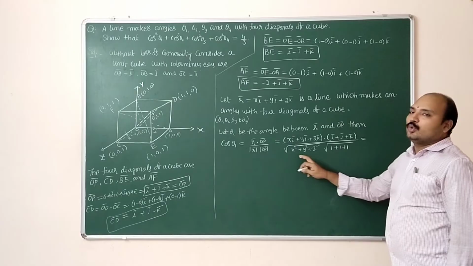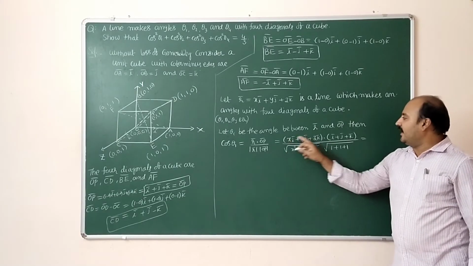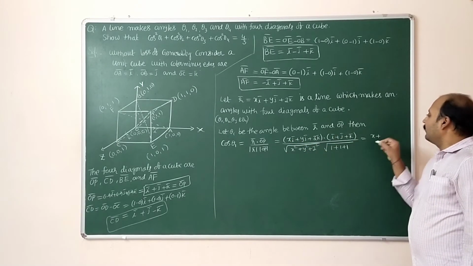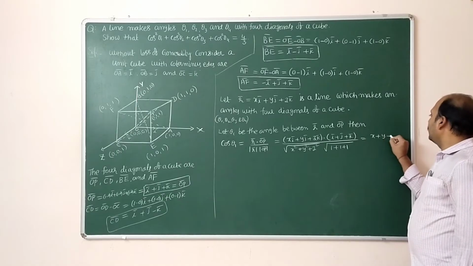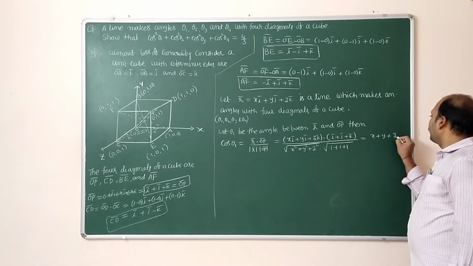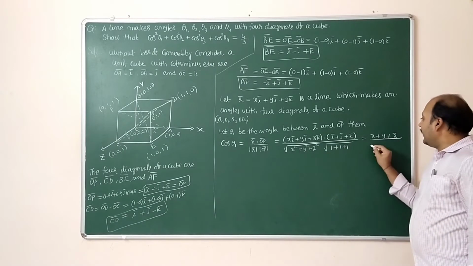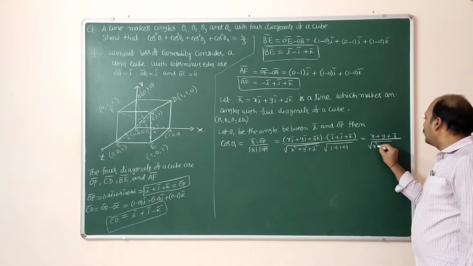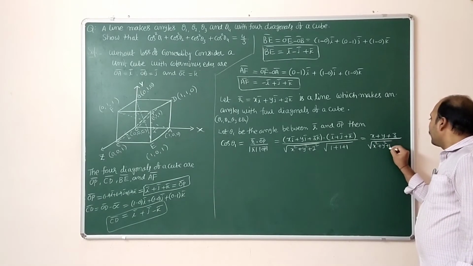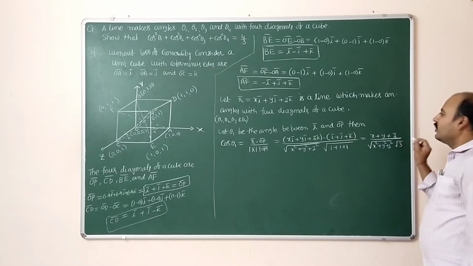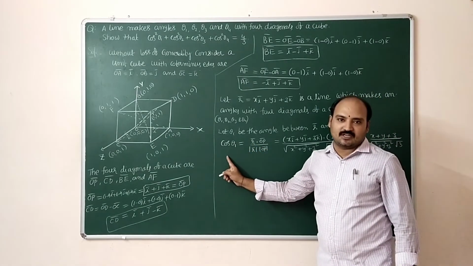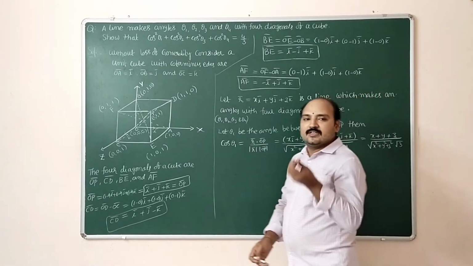So the dot product is x into 1 plus y into 1 plus z into 1, divided by root of x squared plus y squared plus z squared into root 3. This is cos theta 1 with the first diagonal.